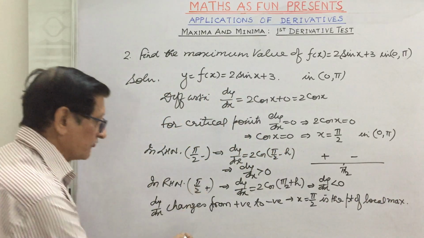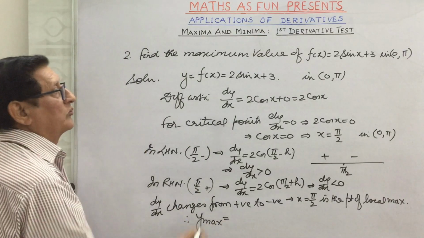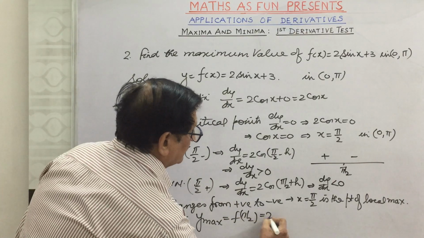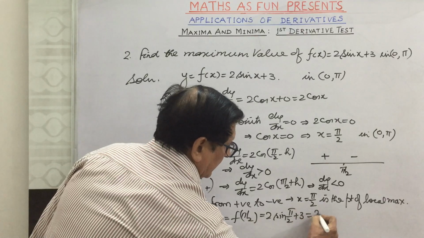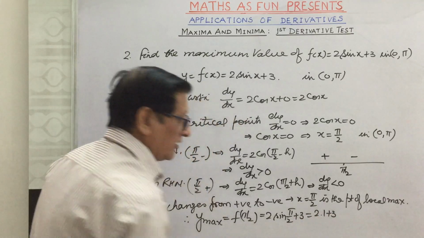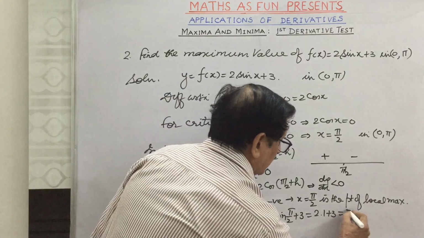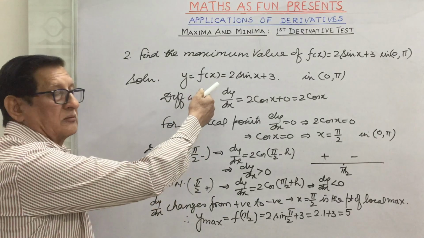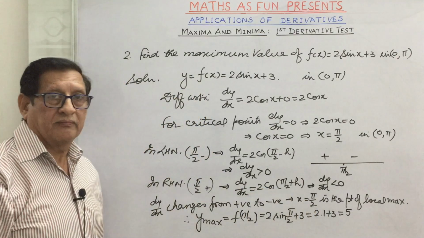So now we can find out y maximum. Therefore y maximum is equal to f(pi by 2), and that is equal to 2 sin of pi by 2 plus 3. It means 2 into 1 plus 3, because sin pi by 2 is 1, and that comes as 5. So we have seen the value of y, that is maximum value is 5.